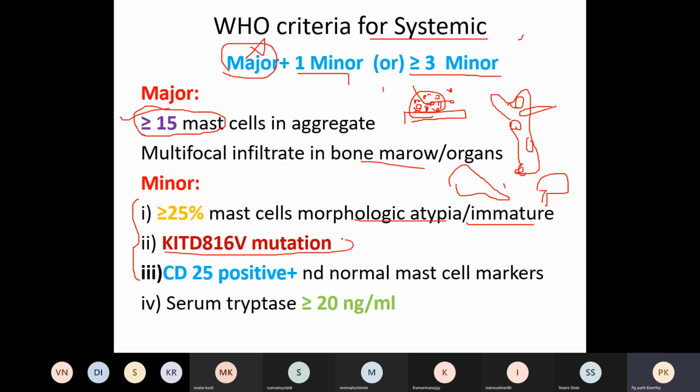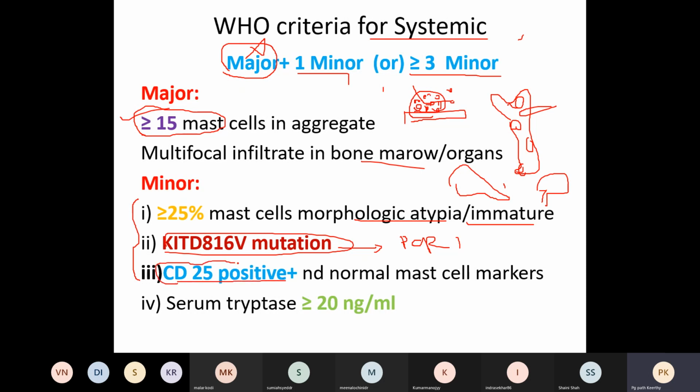And obviously the c-KIT mutation, D816V mutation, we see by PCR, point mutations, FISH and all. Then CD25 positive.